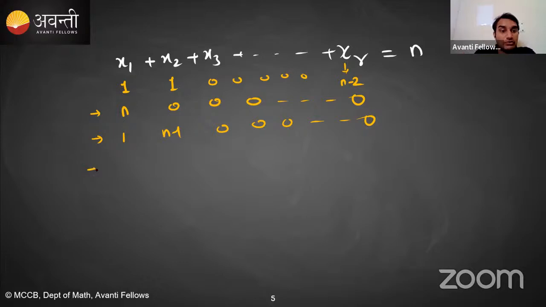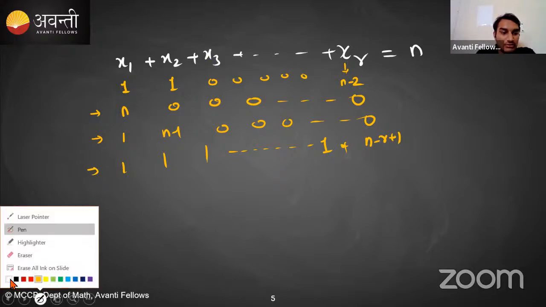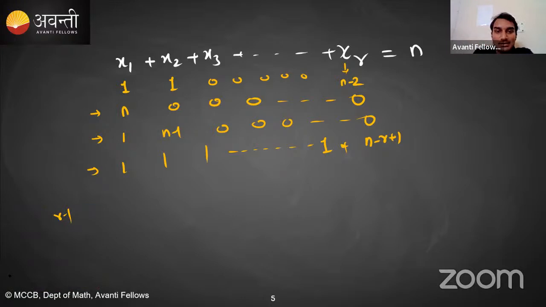One solution might be that x1 equal to 1, x2 equal to 1, and so on, all are 1 except xr. The sum of these r minus 1 terms is r minus 1, so you need n, and xr will be n minus r plus 1. This is also one of the solutions. So each solution of this equation corresponds to one way of distribution of n identical objects among r persons.